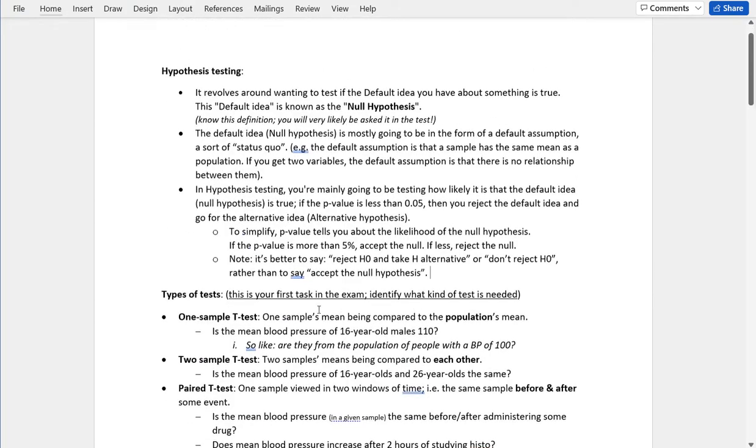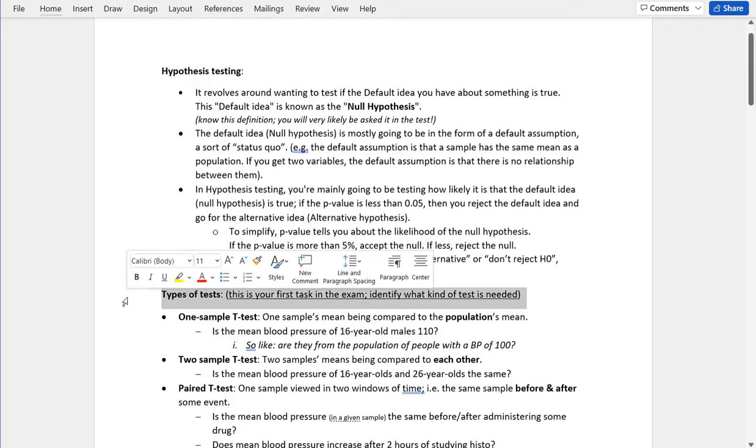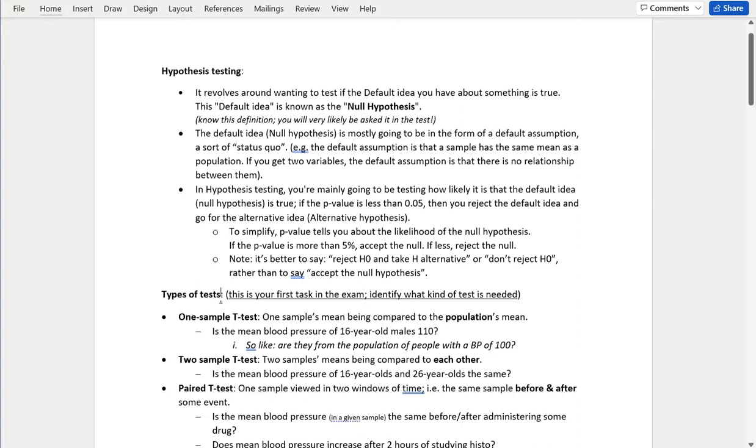The next part that we want to cover is the types of tests that you will be running. But before that, just to finish off and clarify, whenever you're doing hypothesis testing, you always write down your null hypothesis and your alternative hypothesis.